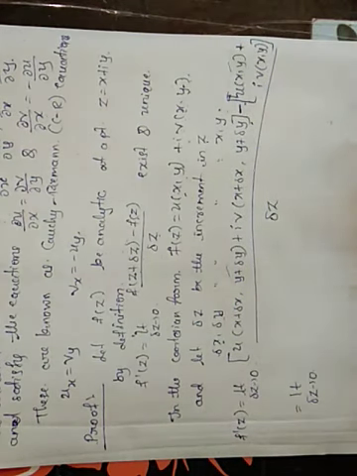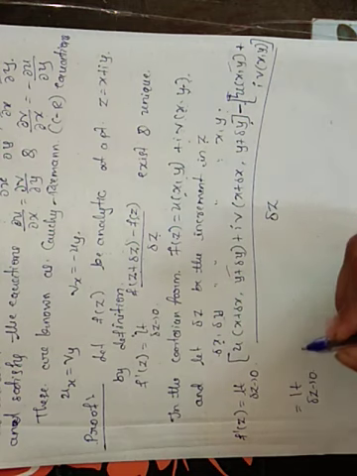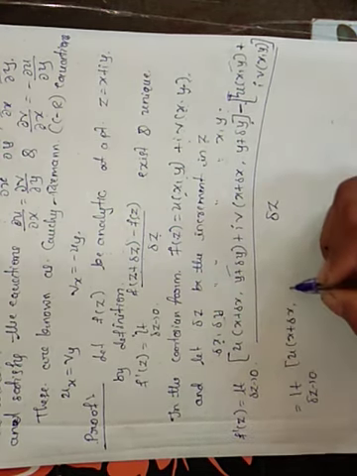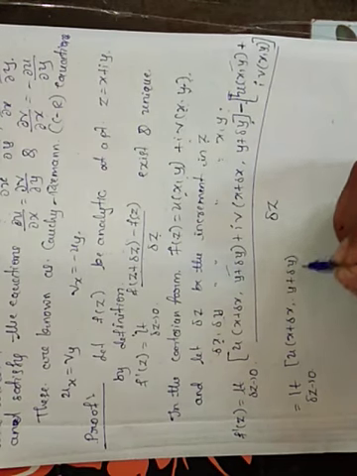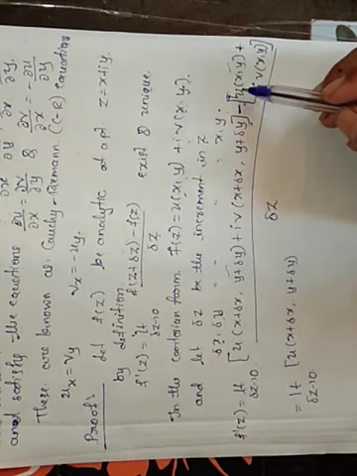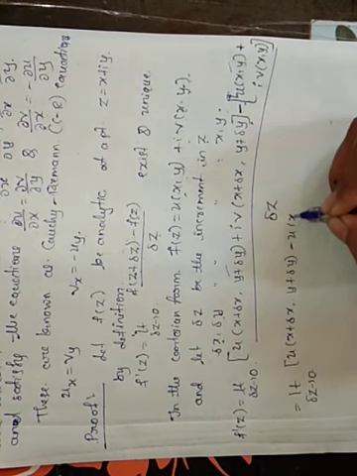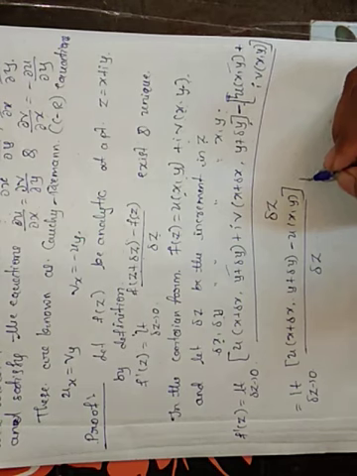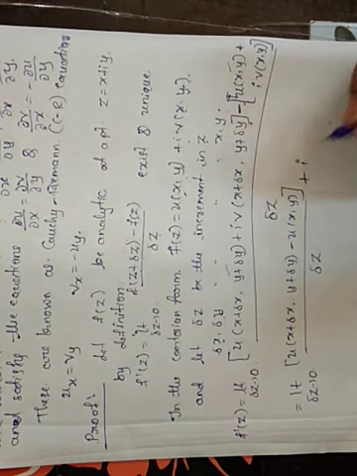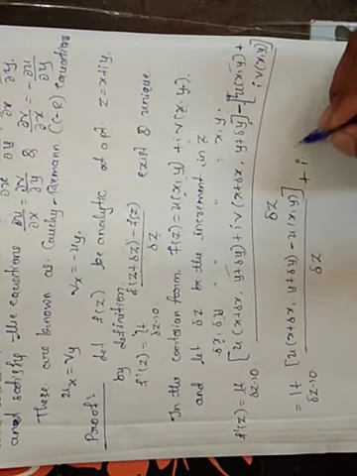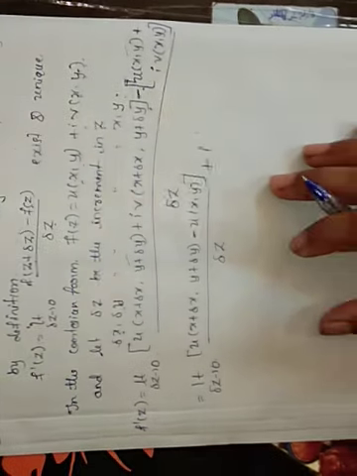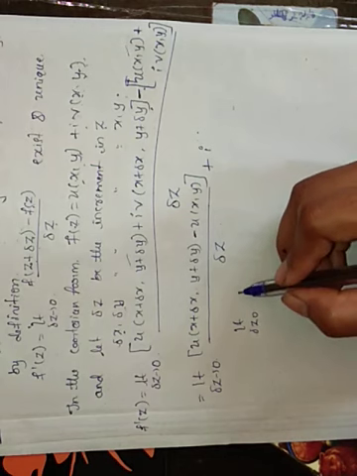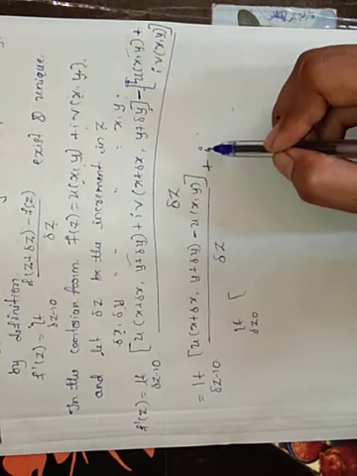I am going to split the real terms separately now: limit of u of x plus delta x comma y plus delta y minus u of x comma y divided by delta z, plus, now I am taking the imaginary terms, i into limit delta z tends to 0. Here I have already taken the i outside.